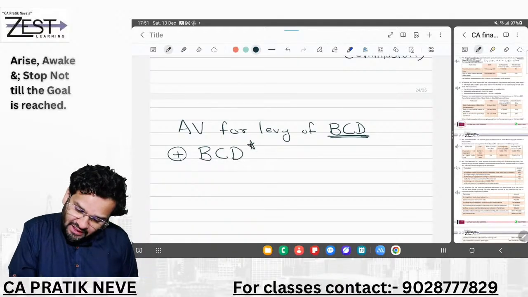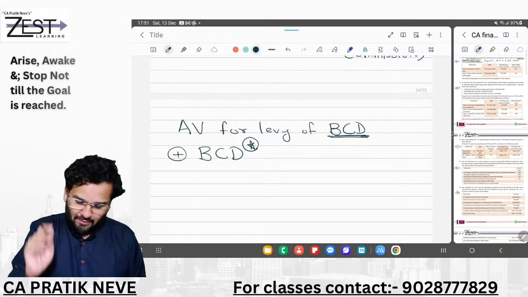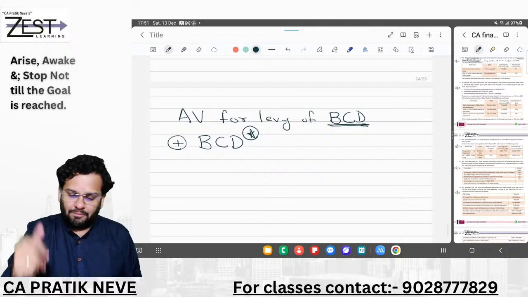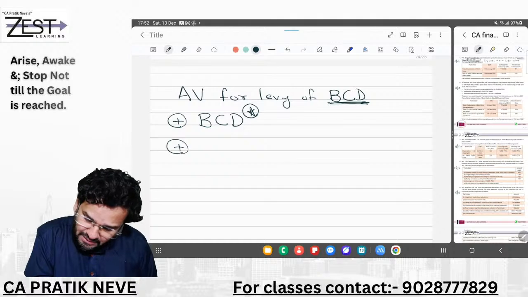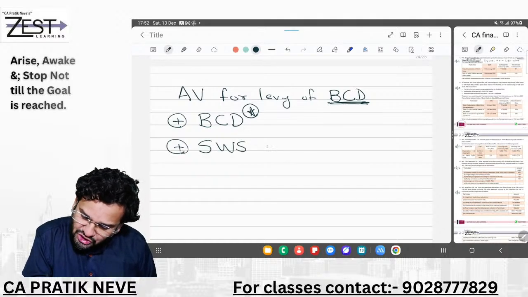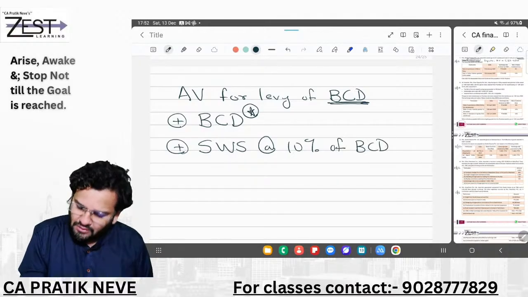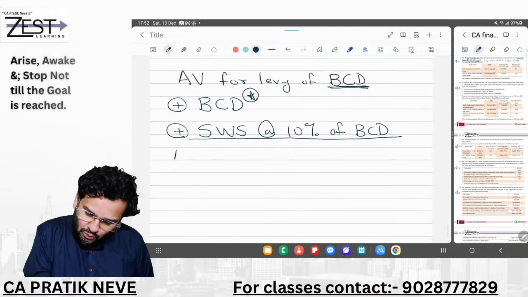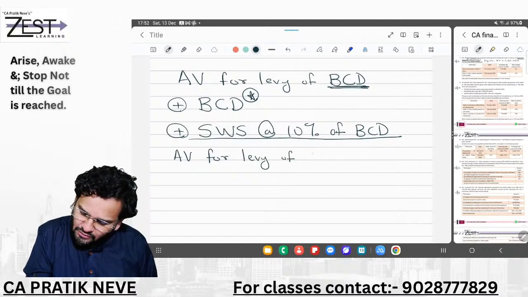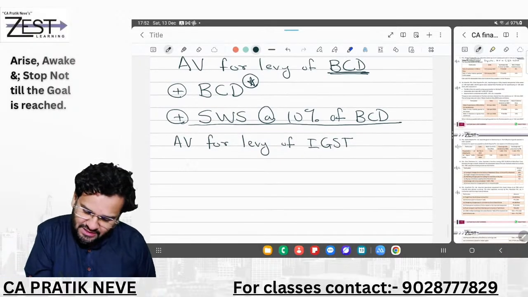At what percentage you will take this basic custom duty? That also I am going to tell you in the upcoming part of the session. So you add basic custom duty. Compulsorily you add social welfare surcharge at 10% of basic custom duty. Now what do we get? Now we get assessable value for levy of IGST. Got it? Now charge IGST.